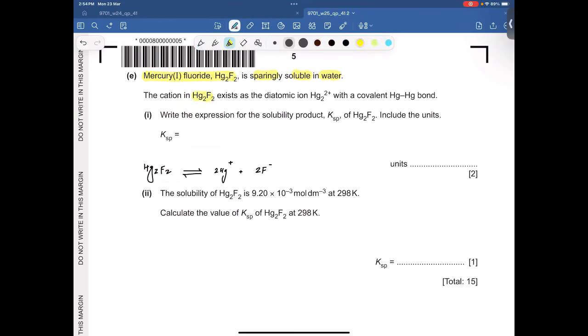The cation Hg2 2+ exists as the diatomic ion with a covalent bond. Okay, that's surprising by the way. Write the expression for the solubility product, including the units.